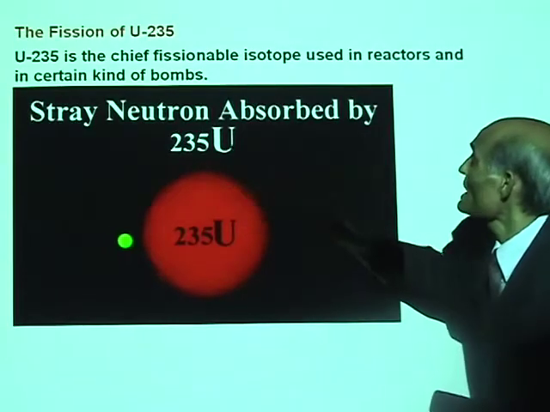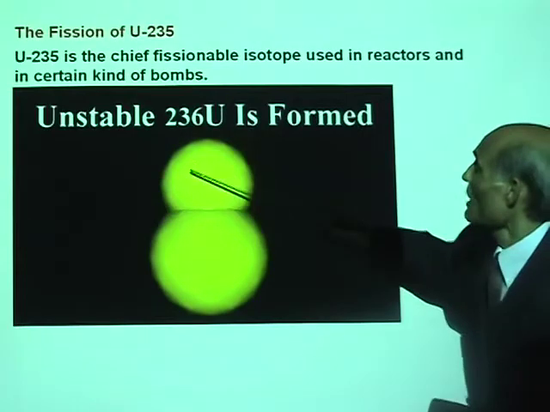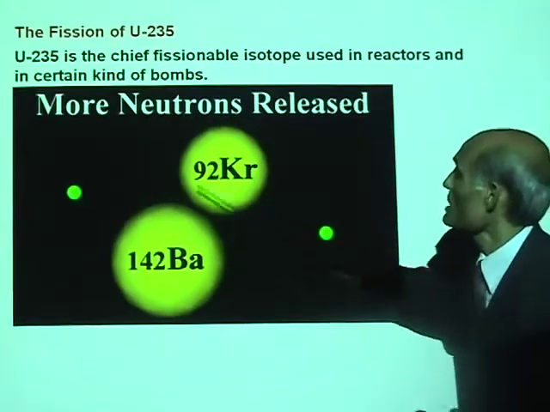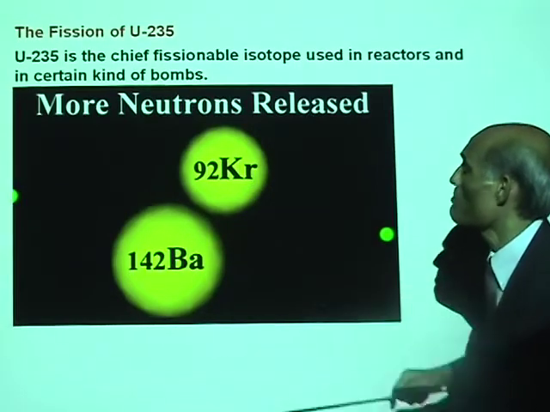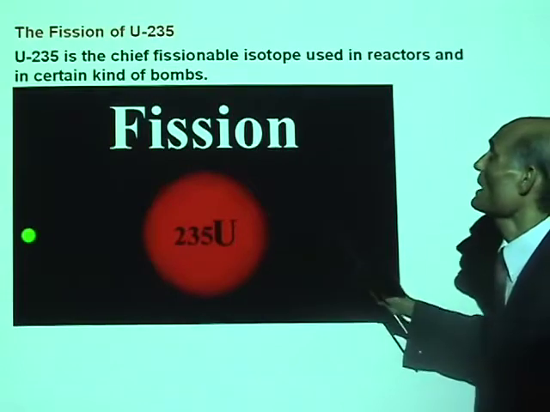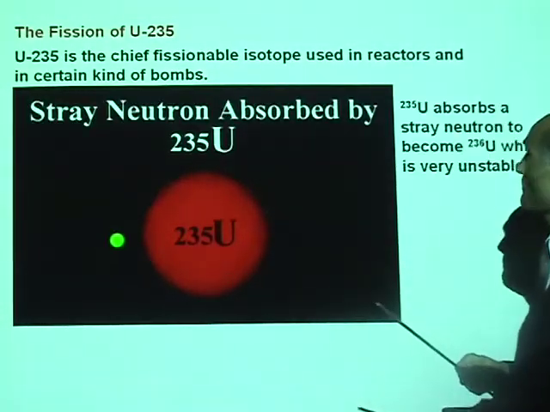A stray neutron is absorbed by uranium-235. Now, what remains is an unstable nucleus, which splits into krypton and barium, releasing a large amount of energy.